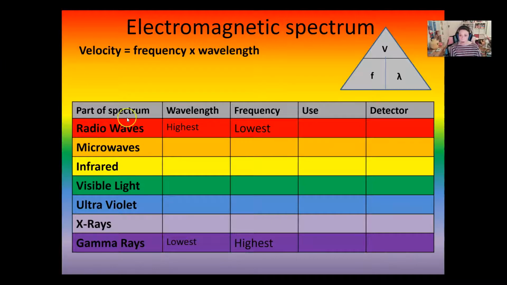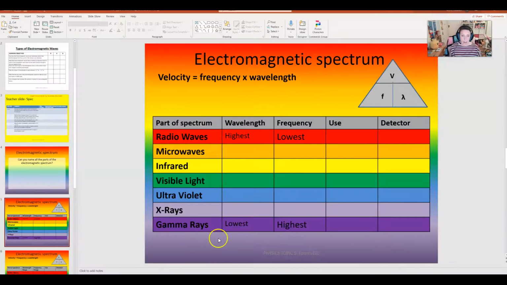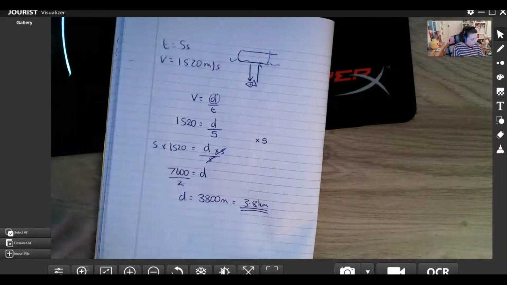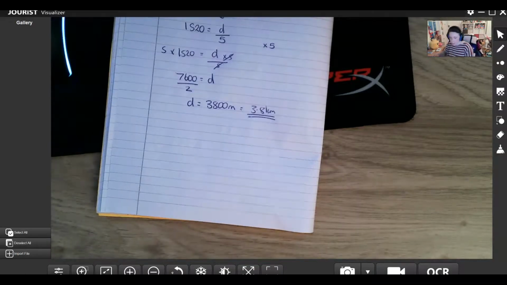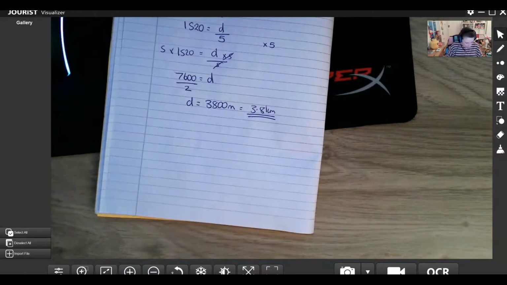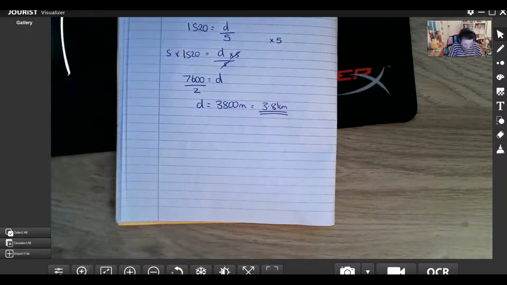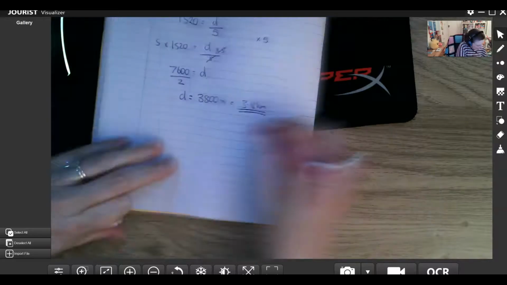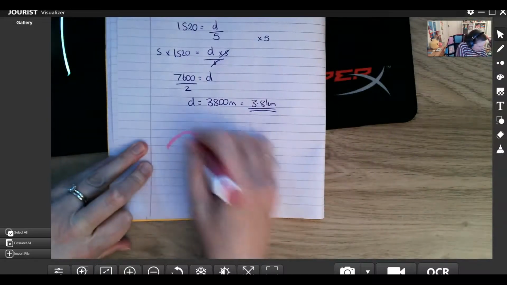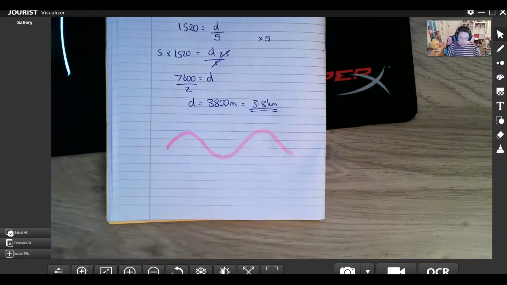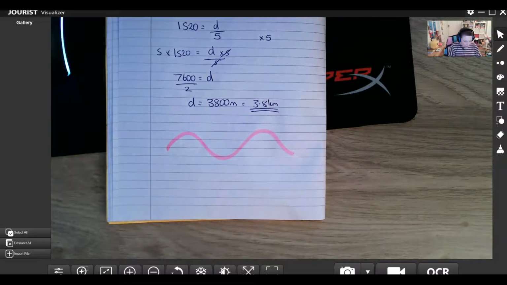Now, the one with the longest wavelength, so the most spread out, is radio waves, and the shortest wavelength is gamma. And if I just show you on my visualizer what that looks like, the red end of the spectrum, this is more pink, but you get the idea. So the wavelength is nice and spread out. Because it's spread out and large, you would have very few waves per second.